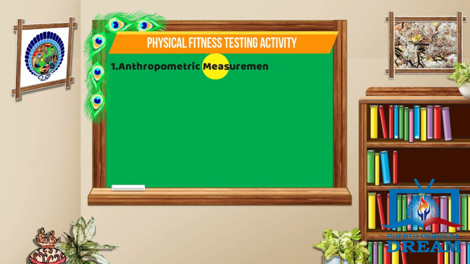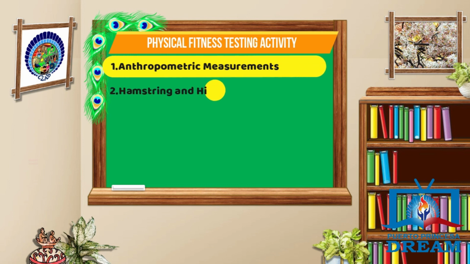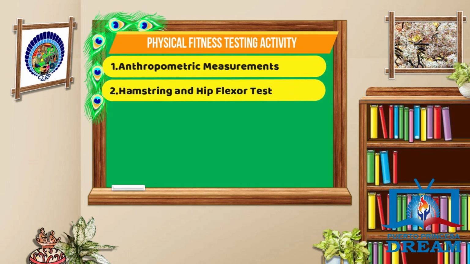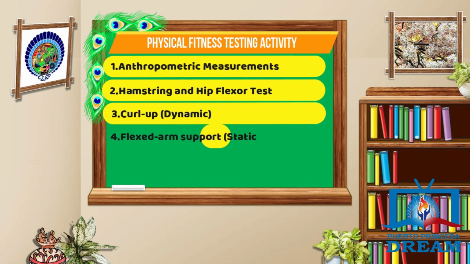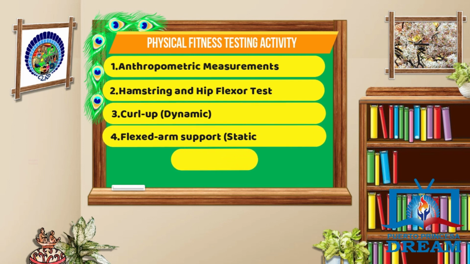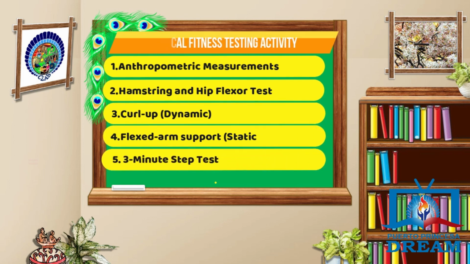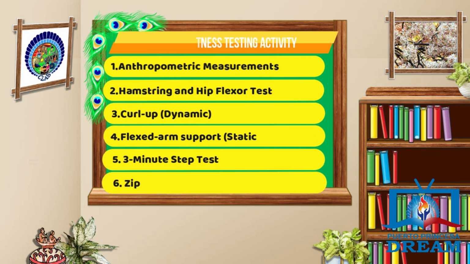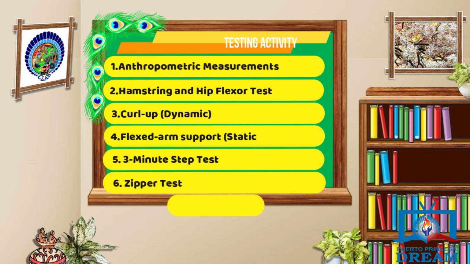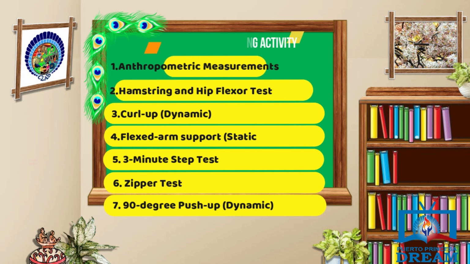Number 1, anthropometric measurements. Number 2, hamstring and hip flexor test. Number 3, curl up. Number 4, flexed arm support. Number 5, 3-minute step test. Number 6, zipper test. Number 7, 90-degree push-up.